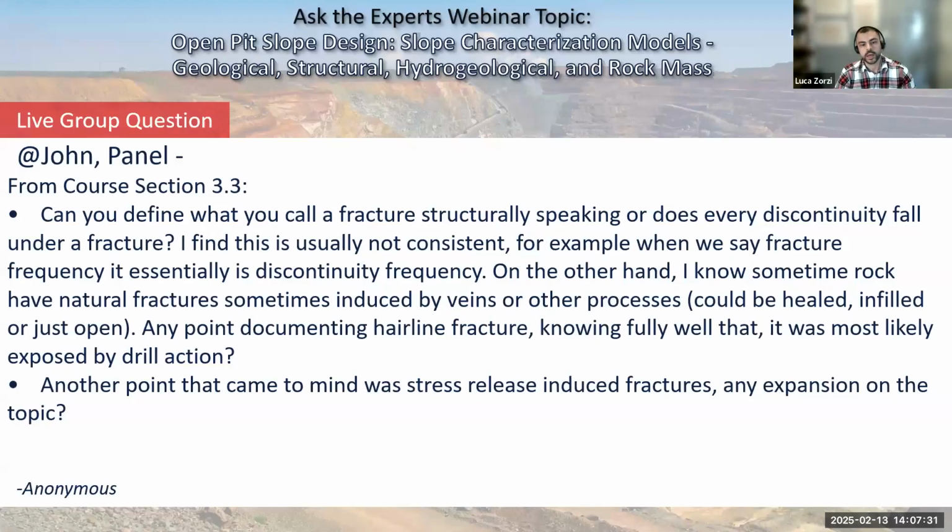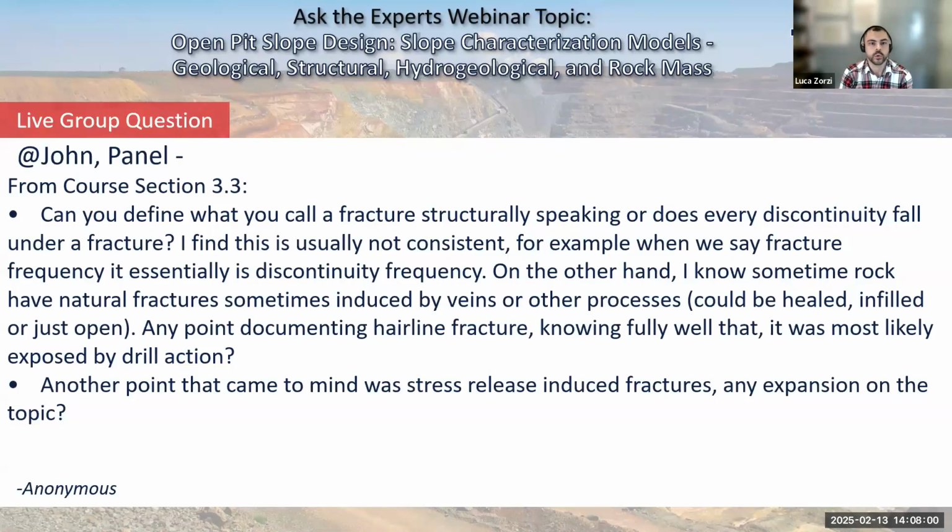But if we're trying to define deep open pit slopes like Chuquicamata or Grasberg size, then when we're looking into the discontinuity or the fracture frequency, that's when we might try to introduce into the equation even weak veins, so healed features as well, because the gravity and the strain on that slope could induce gravity-related fractures to nucleate and propagate.